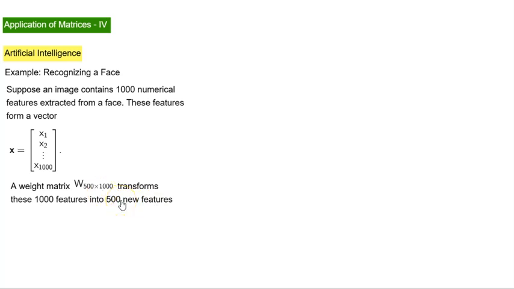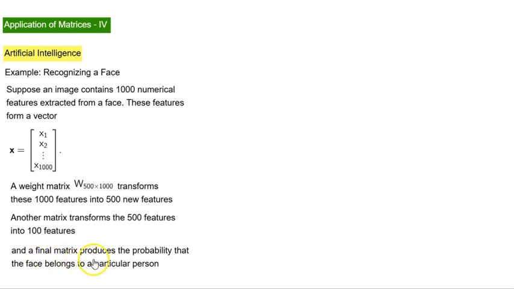We get a higher level set of features. That is because when we multiply the weight matrix with this vector x, what happens? We have a 500 by 1000 and this is 1000 by 1. So the resulting matrix would be 500 by 1. Another matrix transforms 500 features into 100 features. And a final matrix produces the probability that the face belongs to a particular person.